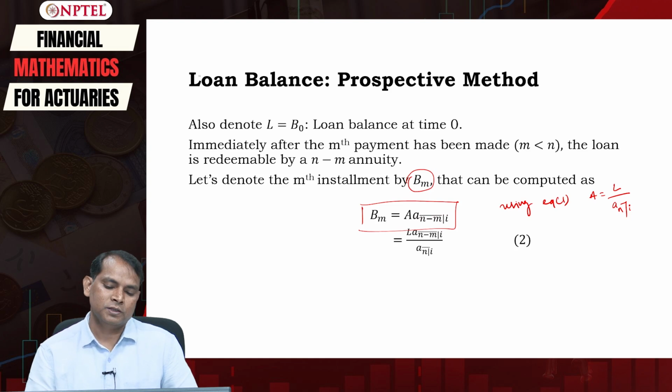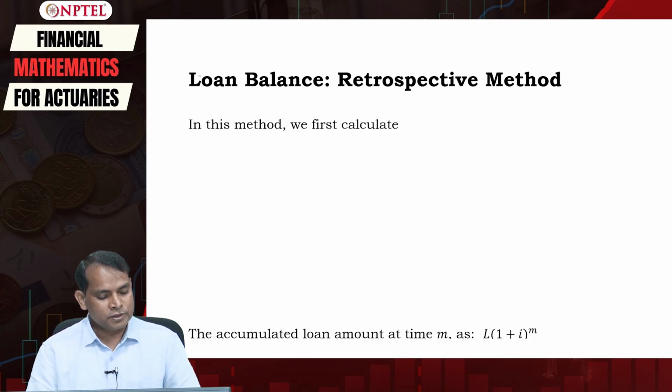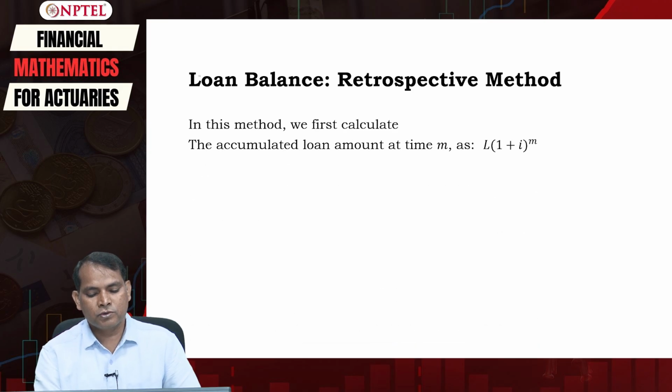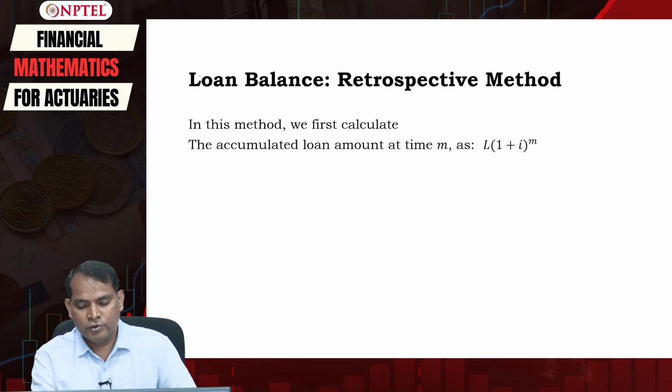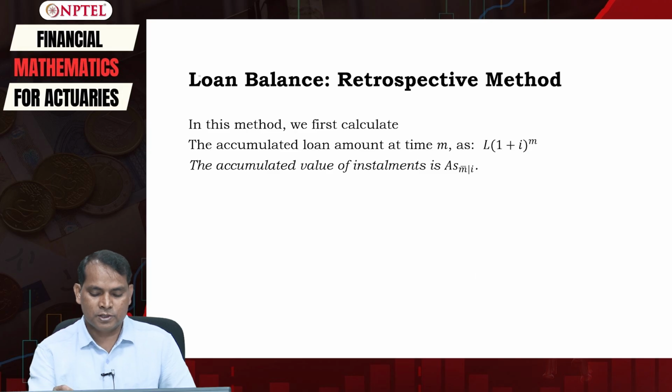Let us now look at the retrospective method. In the retrospective method, we first calculate the accumulated loan amount at time m, which is nothing but L times (1 plus i) to the power m, and also we compute the value of the installments, that is A times s angle m at i.